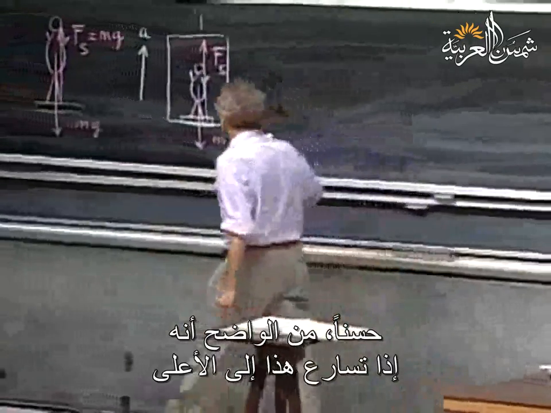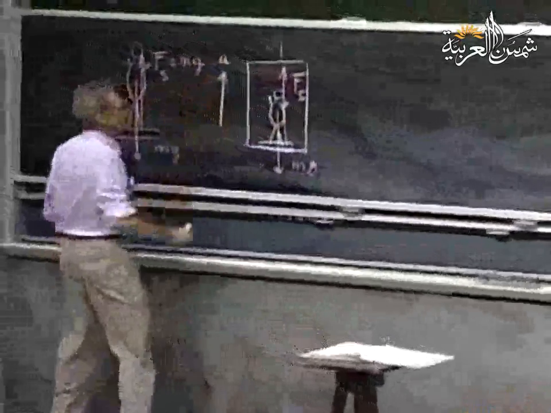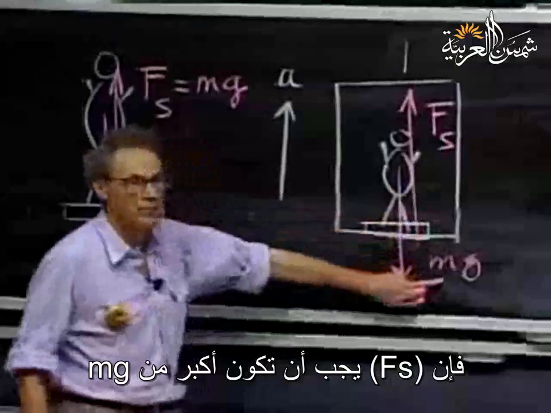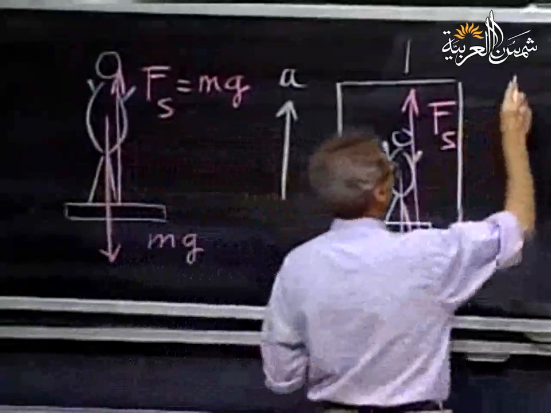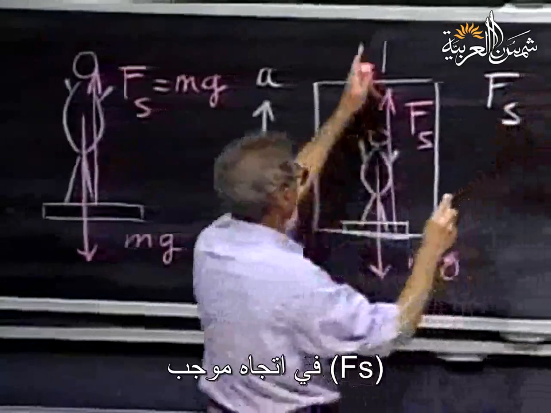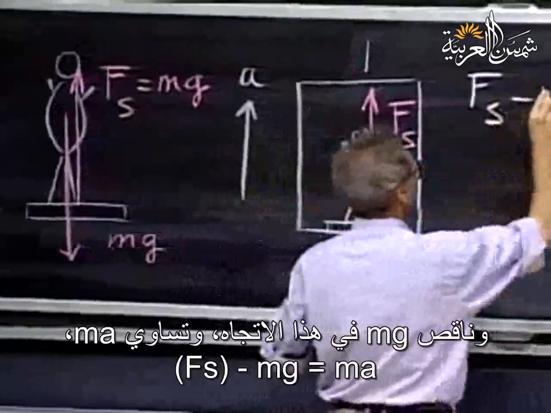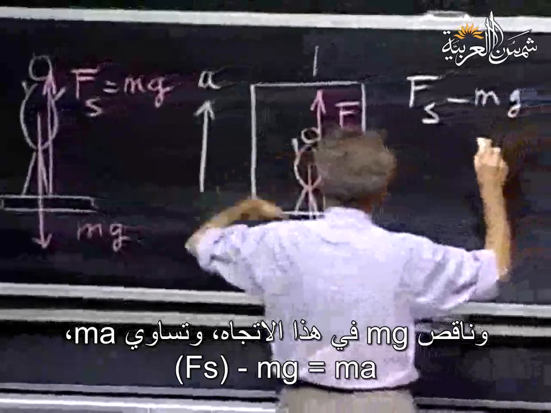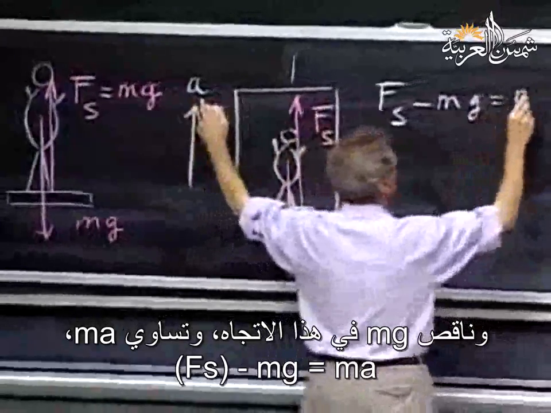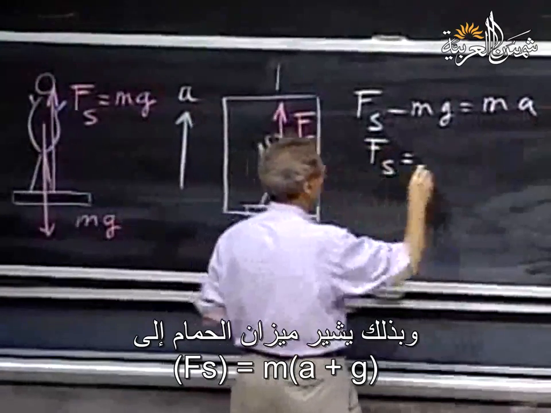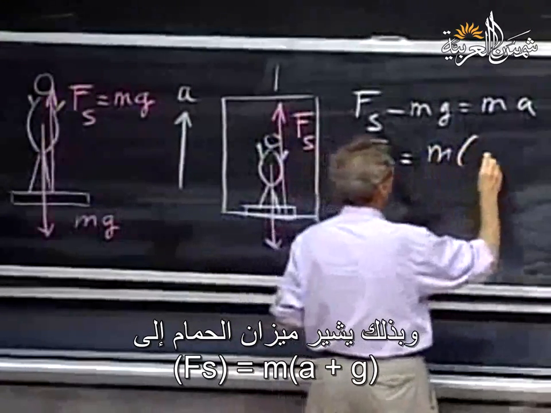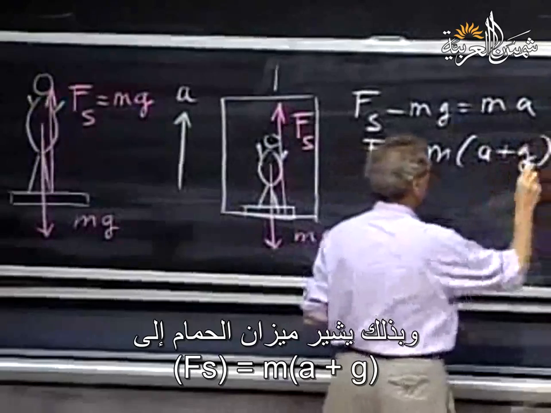Okay, it's clear that if this is accelerated upwards, that F of s must be larger than mg, otherwise I cannot be accelerated. And so we get Newton's second law. F of s is in plus direction, minus mg, it's in this direction, equals m times a. And so the bathroom scale indicates m times a plus g.